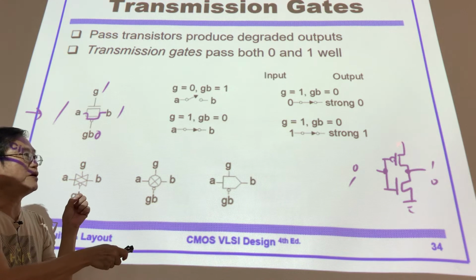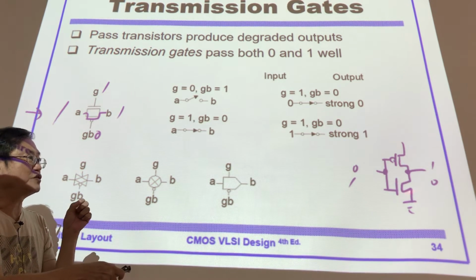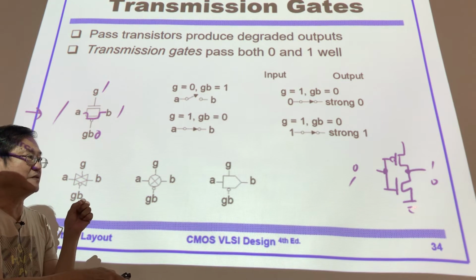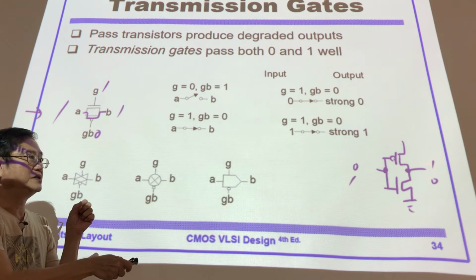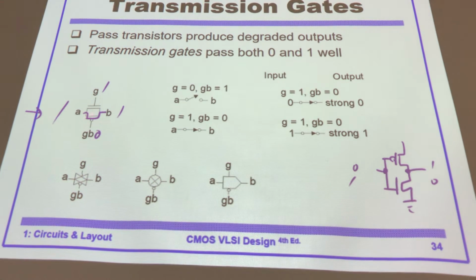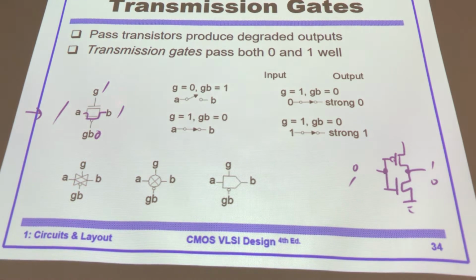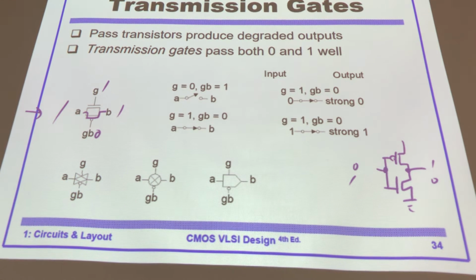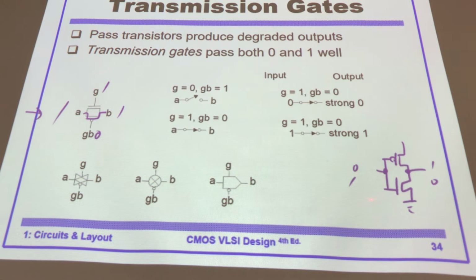The source is the power supply VDD. When the PMOS is off and the NMOS is on, the source is ground. Again, very strong 0 signal. So 1 and 0, either one should be very strong. But for this transmission gate, the voltage source is not VDD or ground. Although you're getting good signals, they're not as good as this kind of steady CMOS gate output.